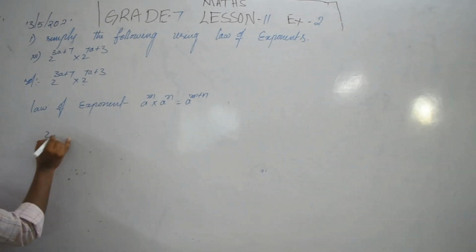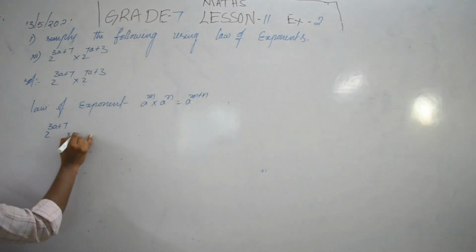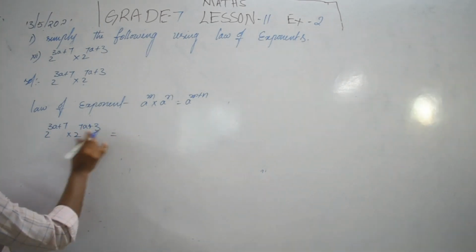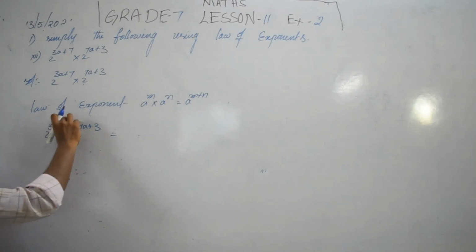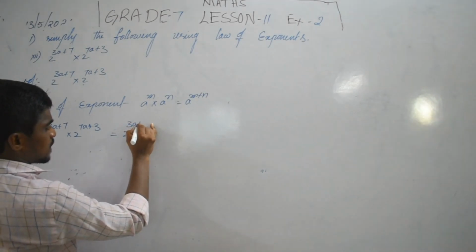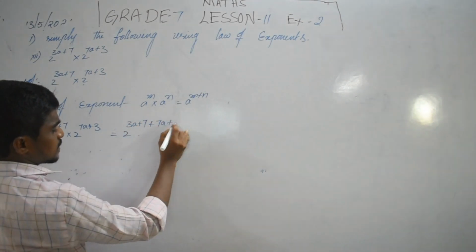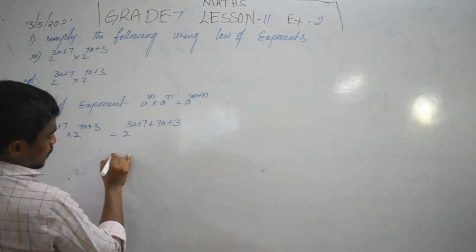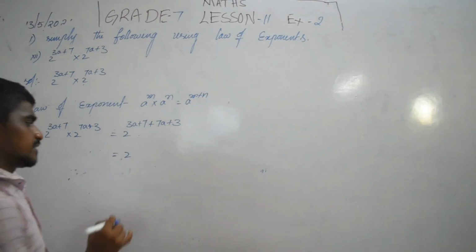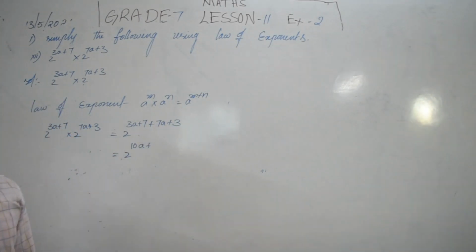Bases are equal, so powers are added: 2 power 3a plus 7 plus 7a plus 3. Now 3a plus 7a is 10a, and 7 plus 3 is 10.